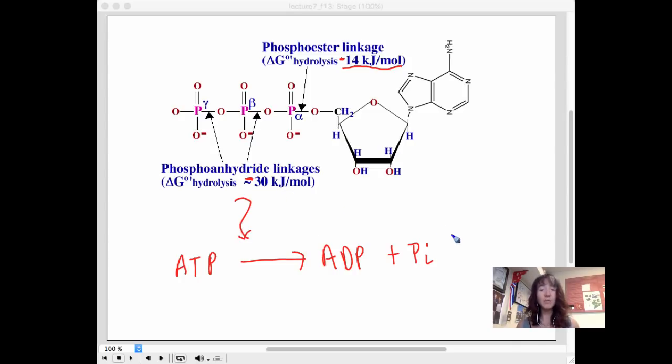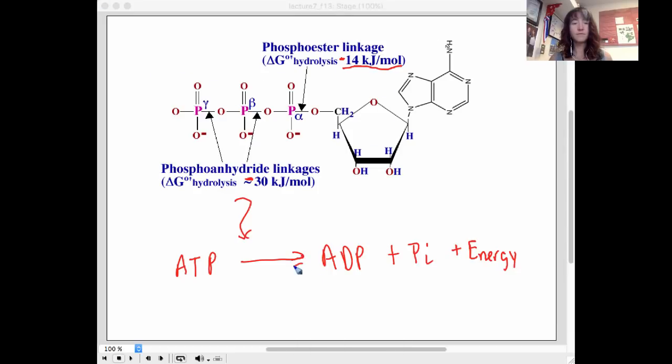That energy can be used to power other reactions, and that's where we'll focus our attention today in class. So that energy can be given off there. But likewise, we know that if we reverse this reaction, so if we look at this as being a reversible reaction, that if ATP is made, then energy must be put in.